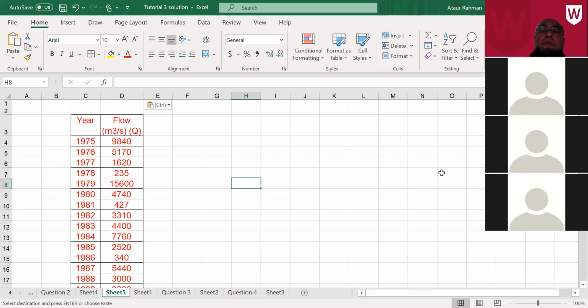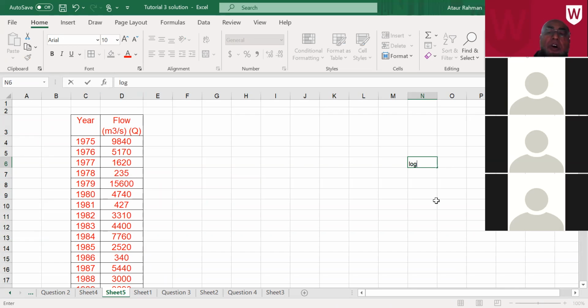If you want to use LP3 distribution, then the equation is in this form: log10 of QT equals m plus the standard deviation of the log data times a frequency factor, that is KT.